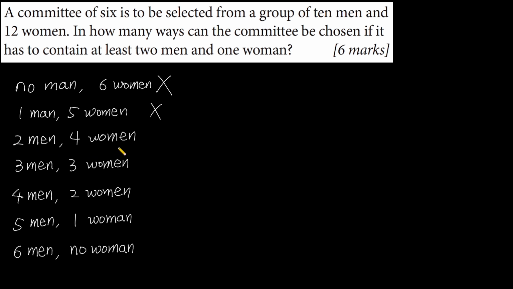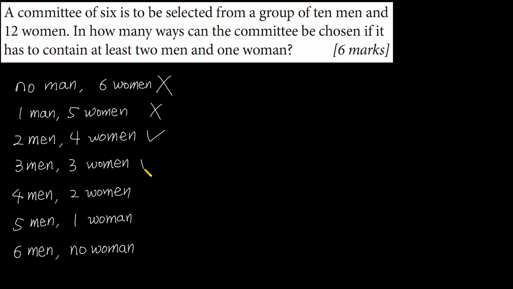This case, 2 men and 4 women, fulfills the requirement because it has 2 men, which satisfies at least 2 men, and it has 4 women, which satisfies at least 1 woman. This case also fulfills the requirement.